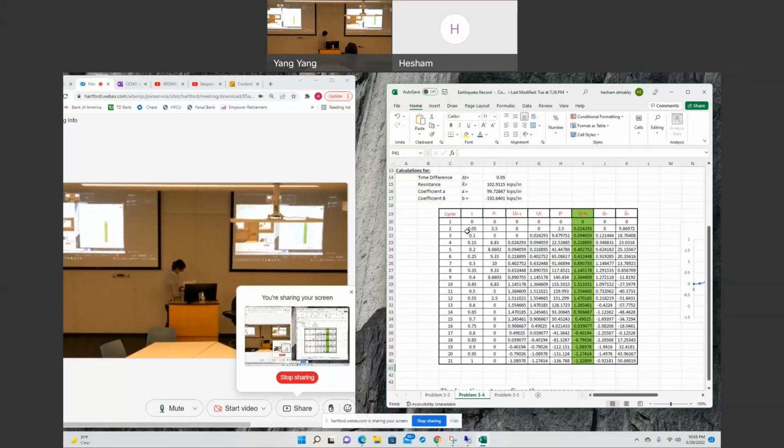Yes. I'm trying to find that. Okay, I see. So 10 sine pi t over 0.6. Yes. That's clear. Perfect, I didn't see that.